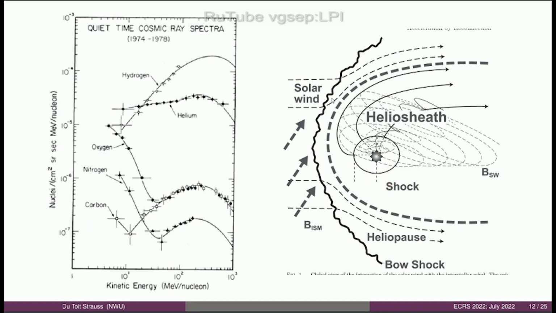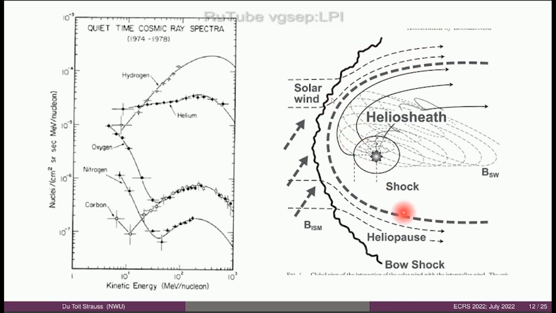We call these pickup ions, and these pickup ions might at some point manage to reach the termination shock, which is a relatively strong structure in the heliosphere. It's a normal MHD shock, with a compression ratio a little bit above 2, a medium strength shock, and these pickup ions can then be accelerated at the shock through diffusive shock acceleration.